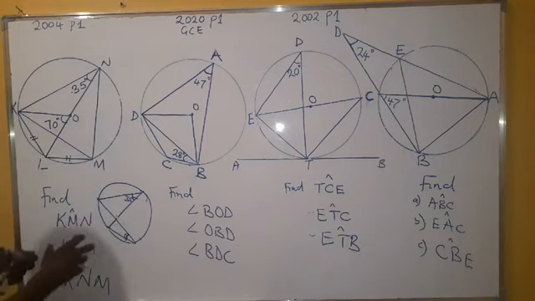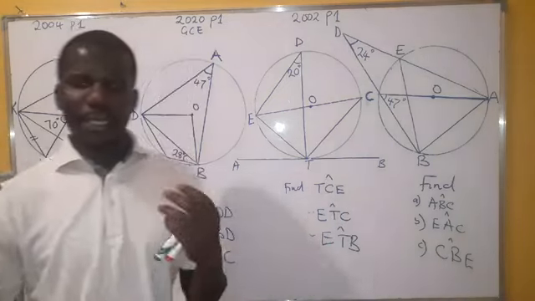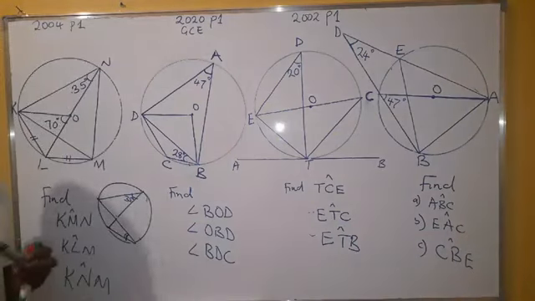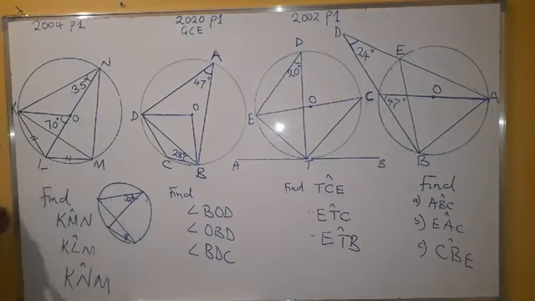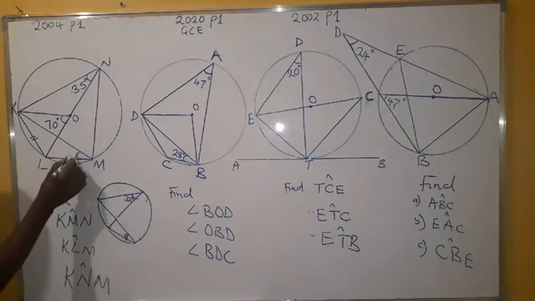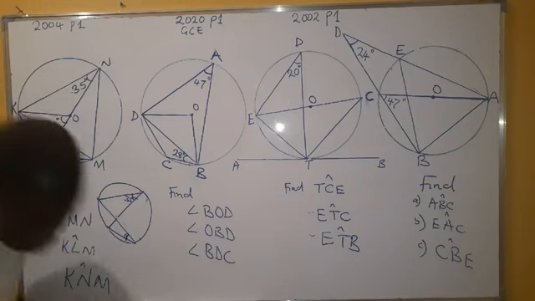These are angles, what did we say? Angles in the same segment. Angles in the same segment, we said they are equal. That was our second or third theorem that we looked at. So which other angle is 35? This angle is 35 here. Please, this angle is 35. Okay? Are we there? We proceed.